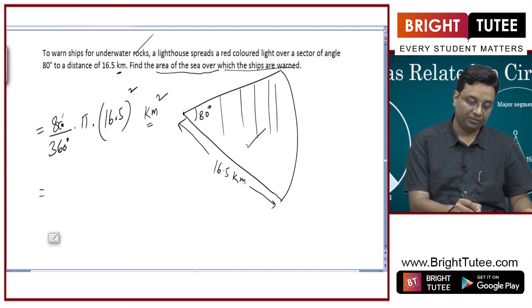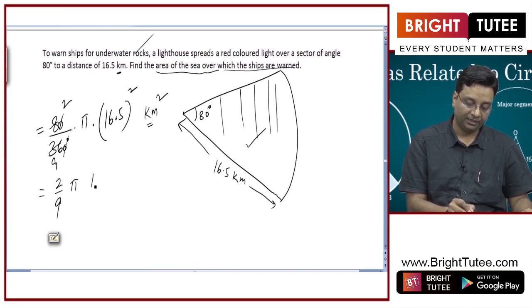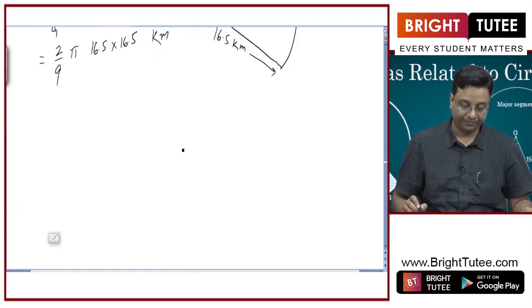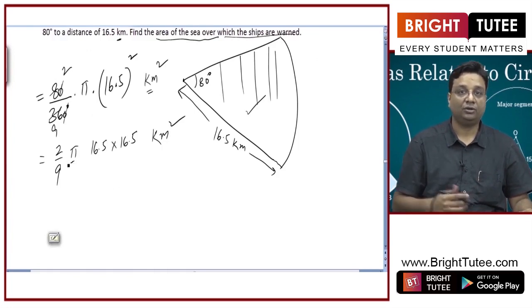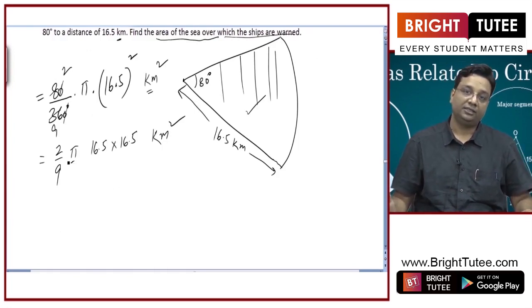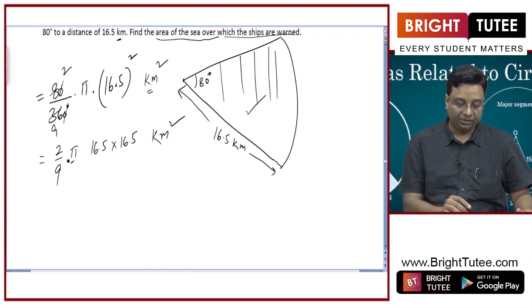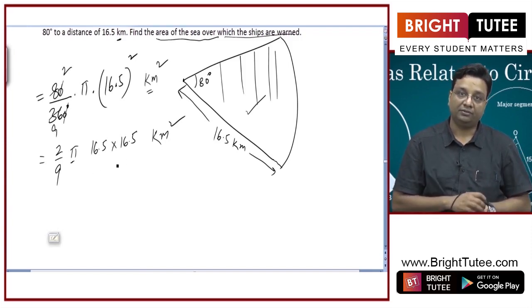So you can further simplify it. 2 by 9 pi, 16.5 into 16.5 kilometer square, and then again you can write pi as 22 by 7 or 3.14 as per the instructions given in the question, and you simplify it further yourself.